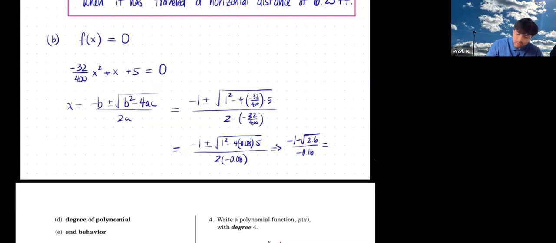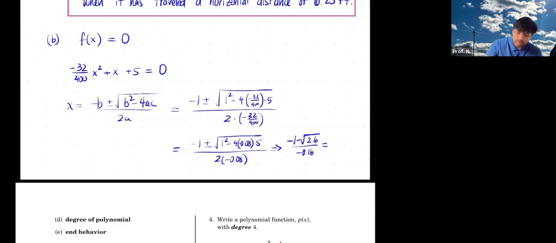So this will be negative 1 minus the square root of 2.6. And then we divide that by negative 0.16. And I get 16.327.